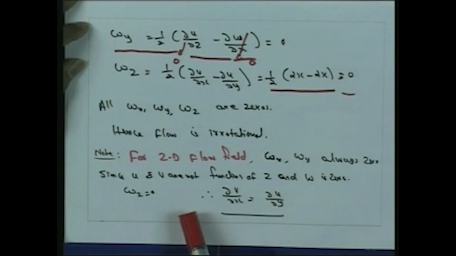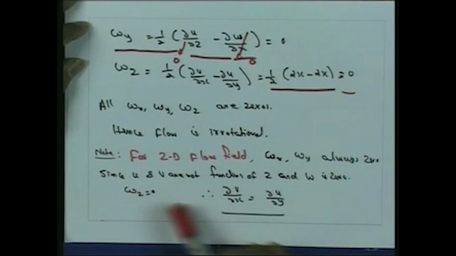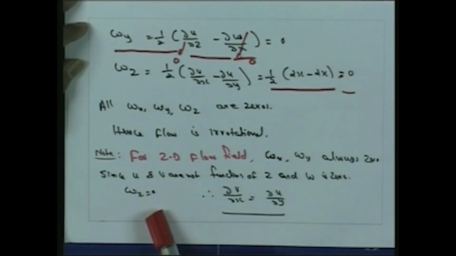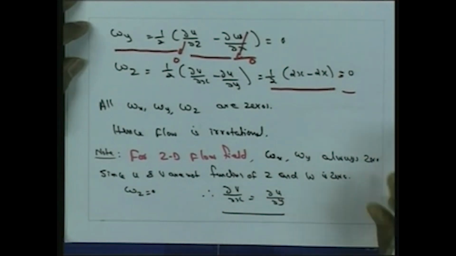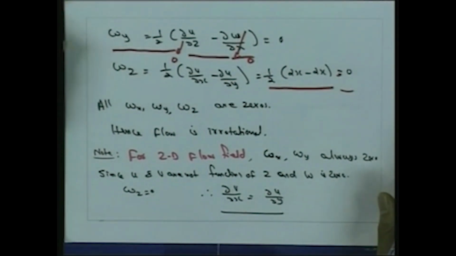So finally, for two-dimensional flow, we generally have to check only whether omega z is 0 or not. If it is irrotational flow, then del v by del x is equal to del u by del y. This is the observation for two-dimensional irrotational flow.